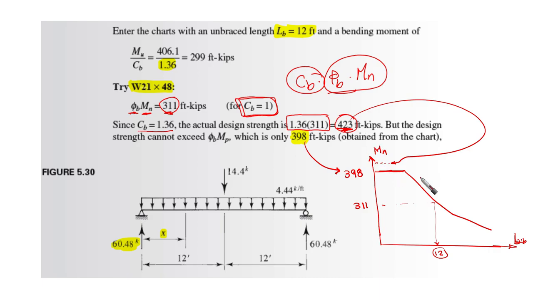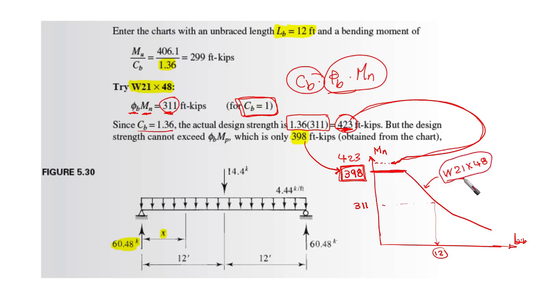But if you look at the curve related to wide flange W21 by 48, we're going to find that this curve ends at Mp equal to 398. So based on the Cb, our design strength is going to reach 423, which is higher than the plastic moment because this shape is compact.